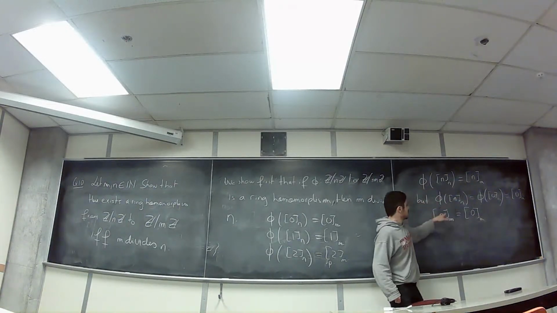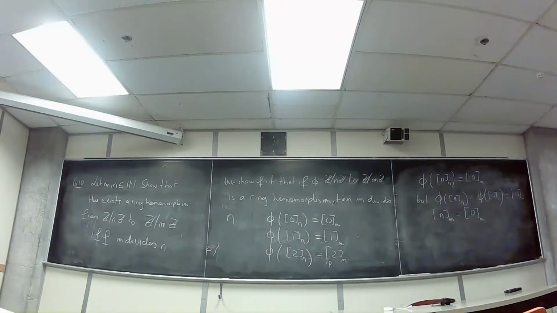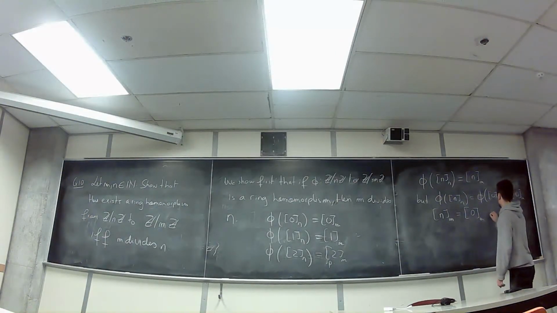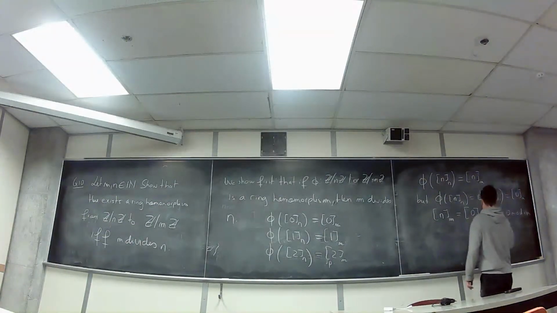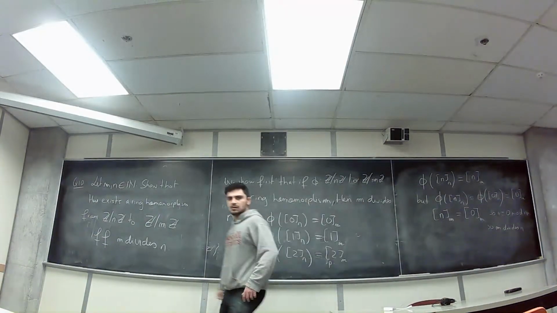So n mod n, which is this one, is equal to 0 mod n. There are many other ways to do it, but this is one. So n is congruent to 0 mod m.